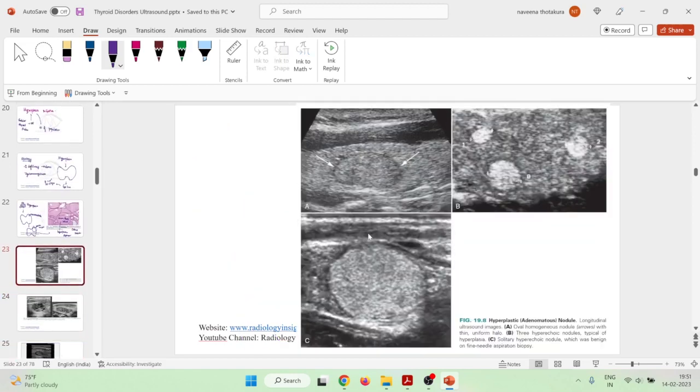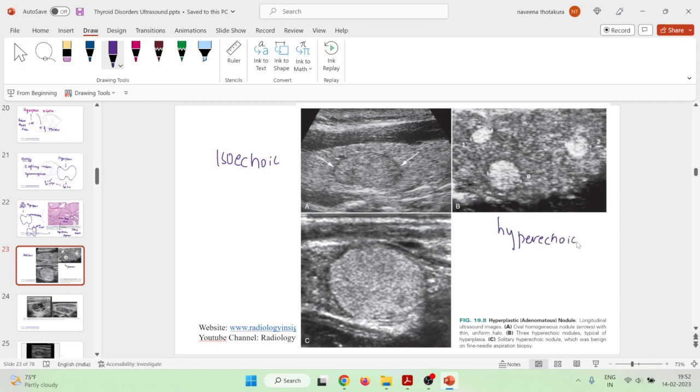Then what are you going to see in ultrasonography? In ultrasonography, this is a nodule. The nodule can look homogeneous, that is, it can be isoechoic compared to the thyroid tissue, or it can be hyperechoic.